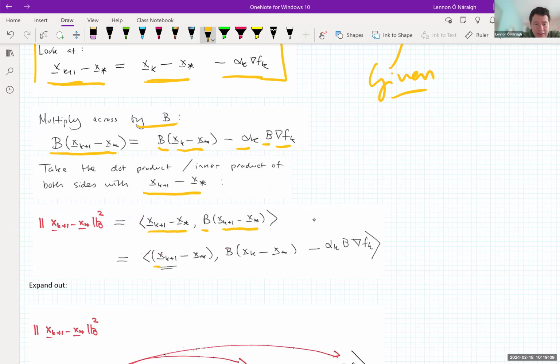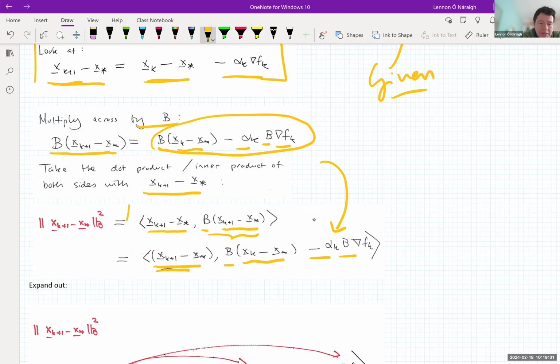On the right-hand side, I replace one factor with xk minus x star minus alpha k times grad f, dotted with b into it. And this particular combination on the left I write as the norm of xk plus 1 minus x star, subscript b, squared.